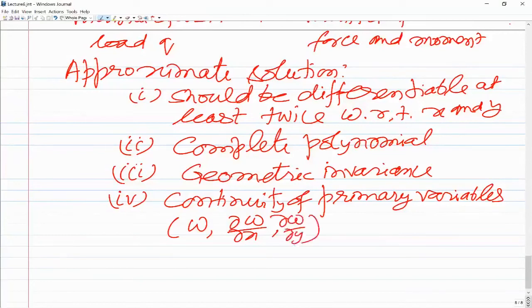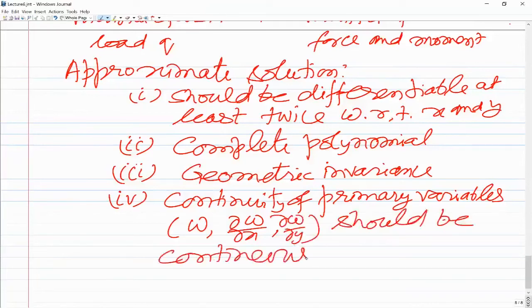So these should be continuous across the element boundaries.